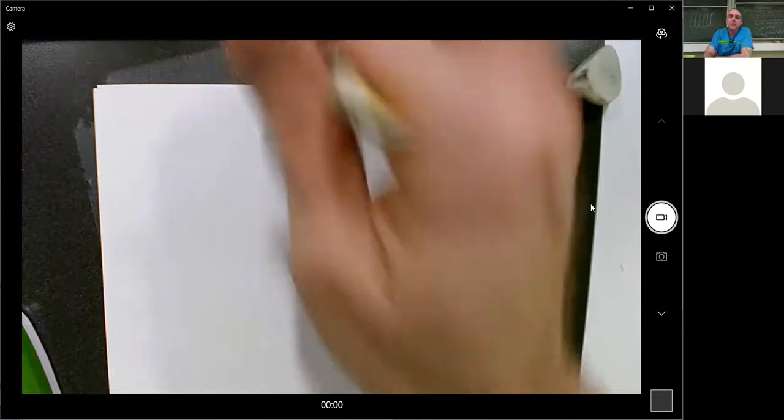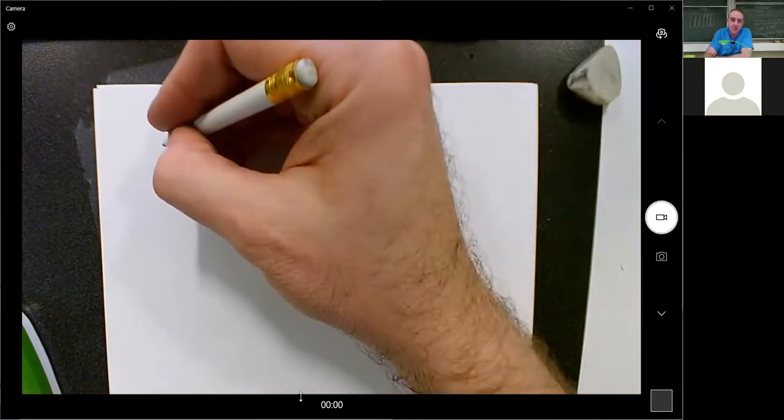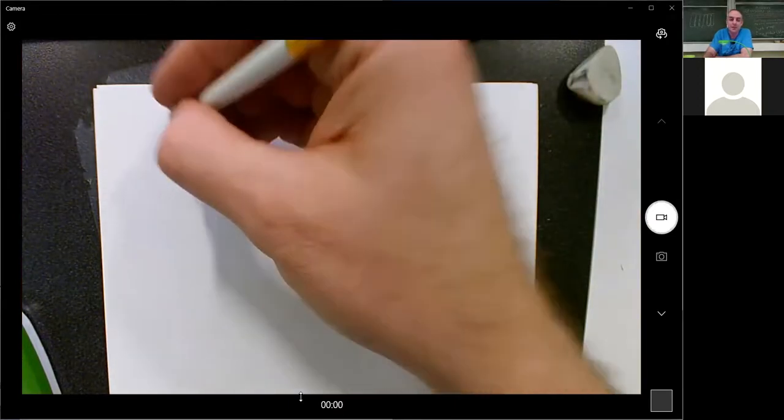So I'm just going to write it down on my piece of paper, and then you'll be able to see what my piece of paper says.